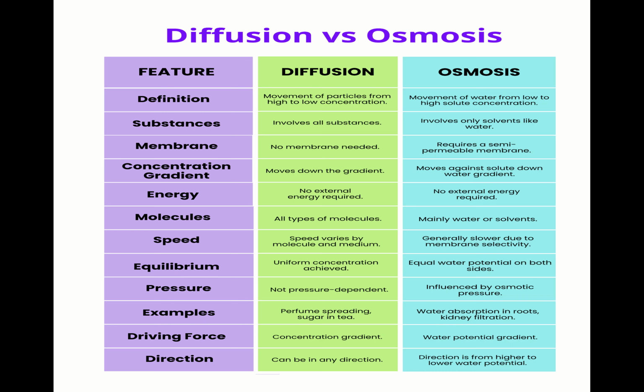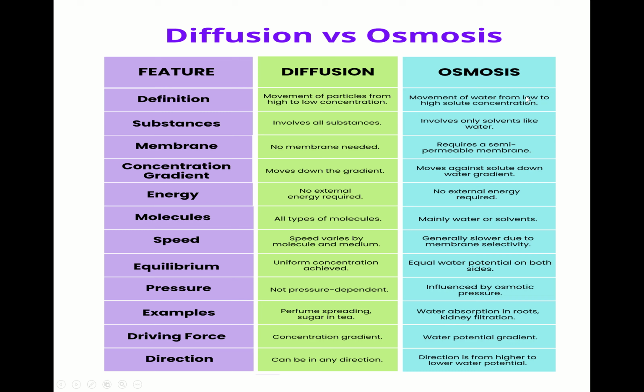So let's see what are the differences between diffusion and osmosis. Diffusion is the movement of particles from high to low concentration, whereas osmosis is the movement of water from low to high solute concentration through a semi-permeable membrane. Just remember this one: from low solute to high solute. Most of the students get confused and mark wrong.